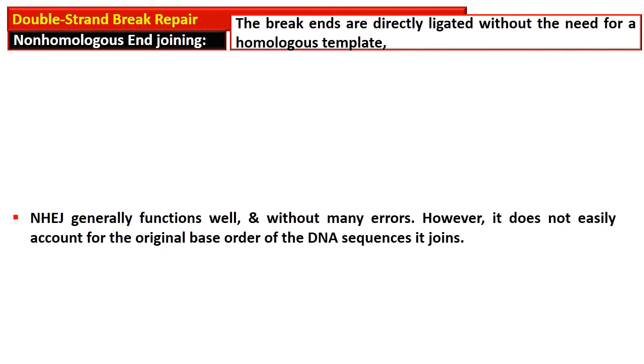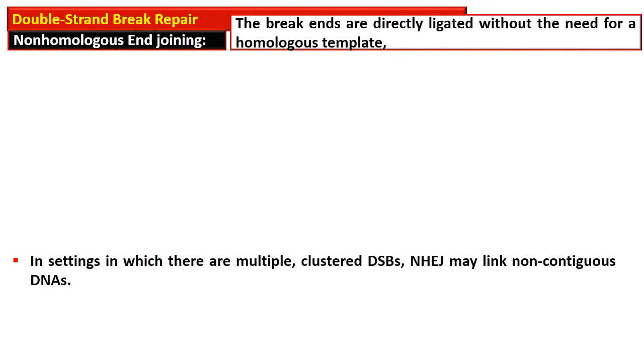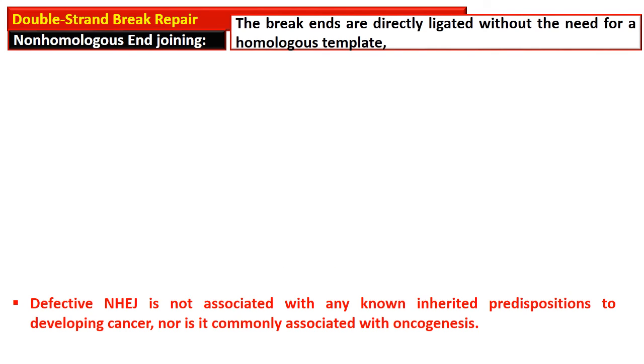It functions well, but it does not easily account for the original base order of the DNA sequence it joins. When there are multiple double-stranded breaks, this non-homologous end joining may link non-contiguous DNAs. The defective non-homologous end joining is not commonly associated with oncogenesis or with any inherited predisposition to developing cancer.